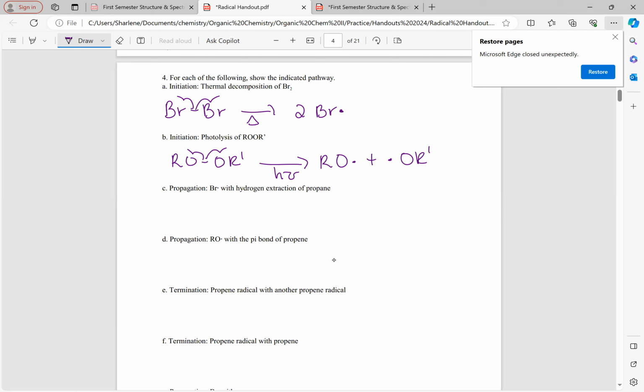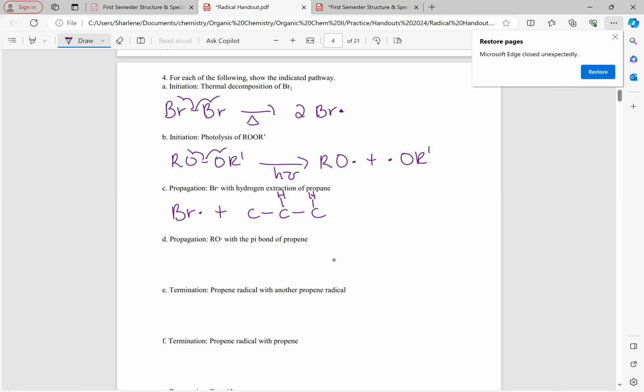Let's do this one. Propagation, a bromine radical with a hydrogen extraction of propane. For propagation, I better end up with a radical for propane. I have a question. Should I rip off this one or should I rip off this one?